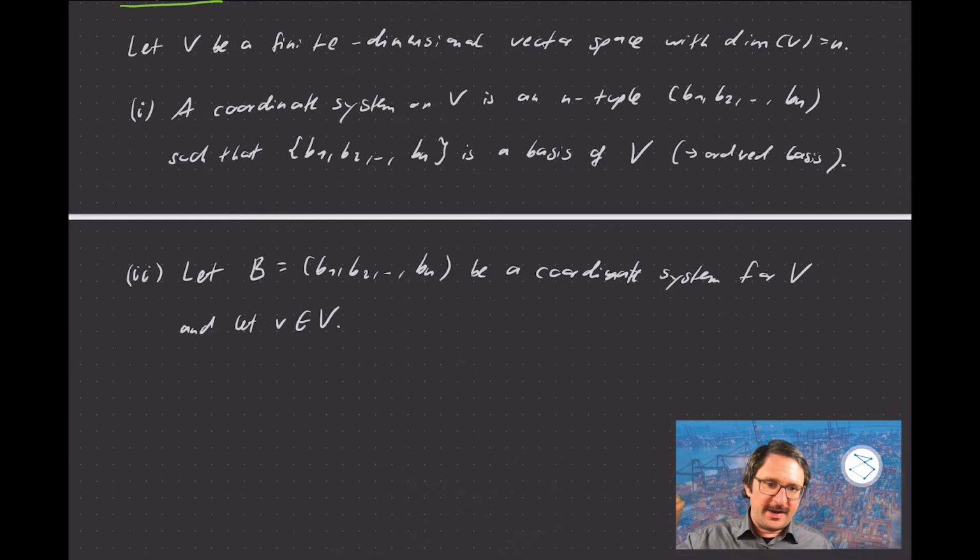We have an abstract vector in that space, an element in that space. Now we can assign coordinates with respect to this given coordinate system. And these coordinates, that will be called the coordinate vector of v.